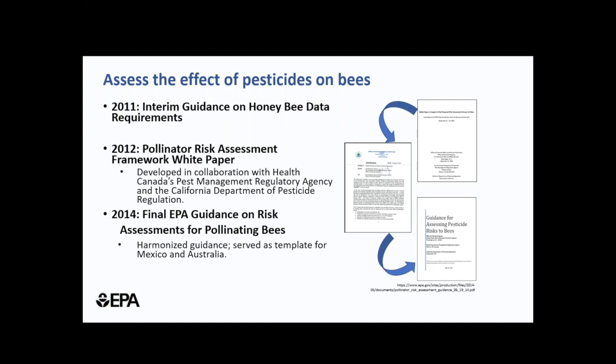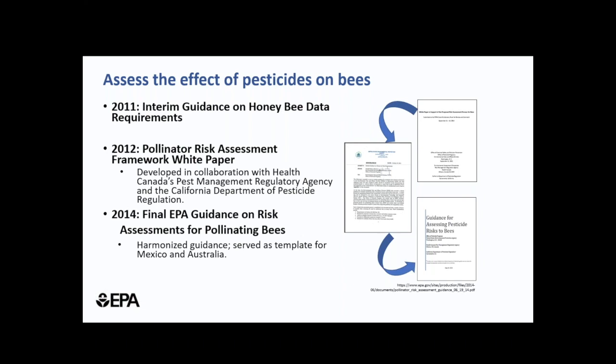In 2012, EPA, in collaboration with Health Canada's Pest Management Regulatory Agency and the California Department of Pesticide Regulation, presented a white paper to EPA's Federal Advisory Committee, the FIFRA Scientific Advisory Panel, describing a conceptual framework for addressing pesticide risks to bees.